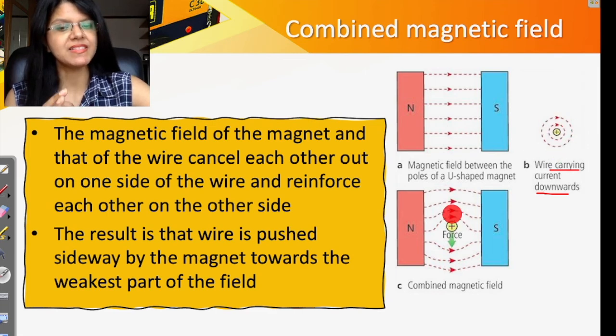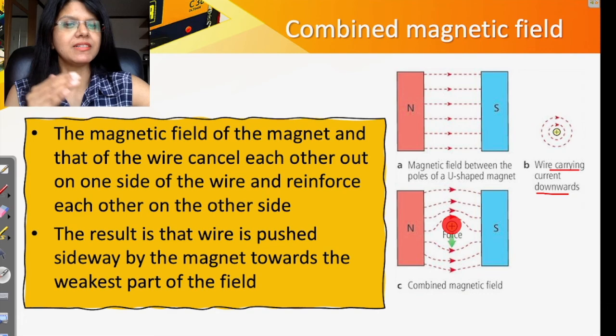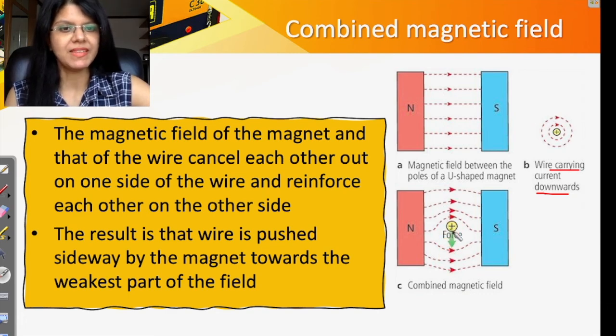On one side the resultant is more, on one side the resultant is less. Movement due to forces always happens from a direction of high force to a direction of less force. So the wire moves down. There is a high force pushing it downward.